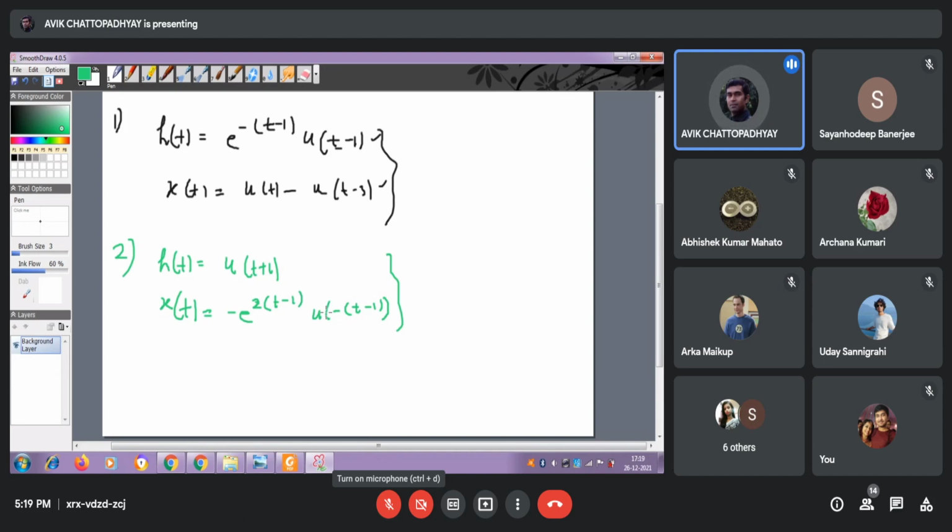And of course, at the end, you have to draw the output waveform. That means first you have to find y(t), the mathematical form, as well as draw the picture of y(t). That means a waveform you have to draw, for both the cases. Okay, these two, again, I add to the previous day's problem.